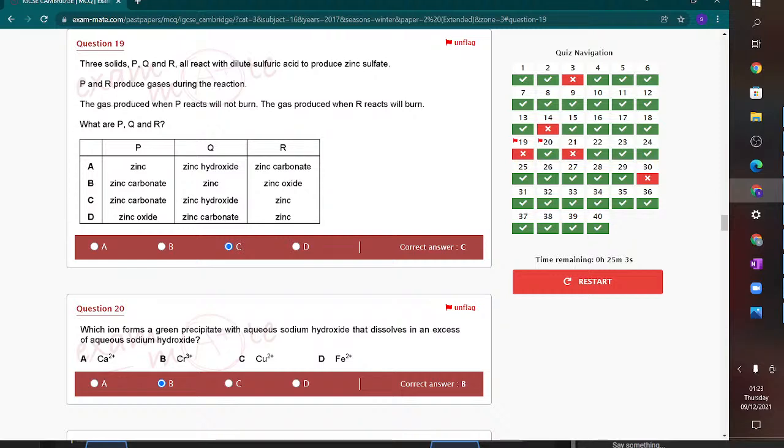What we know now is CO2 does not burn in air, and hydrogen burns in air because this answer was correct. We are left with oxygen gas, which literally stimulates fire, so it burns everything. So that's why we do not have an option here. Perfect.